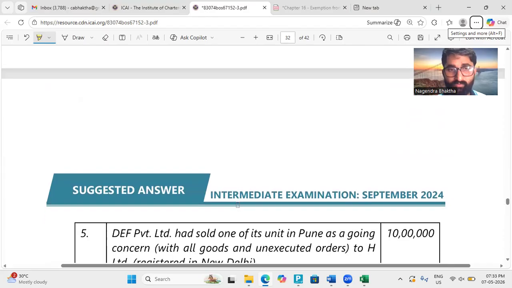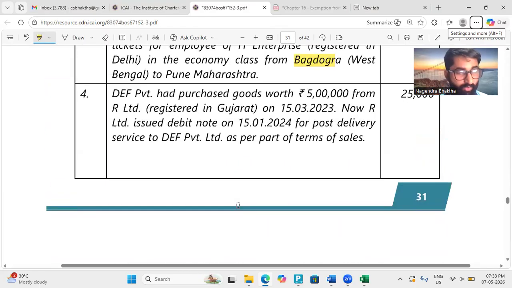Now, this 25,000, do you think we will get ITC on this? Comment fast, yes or no. Do we get ITC on this? See, you remember the last date to take the ITC? Input tax credit. 30th November following the year of invoice, or date of filing annual return, whichever is earlier.